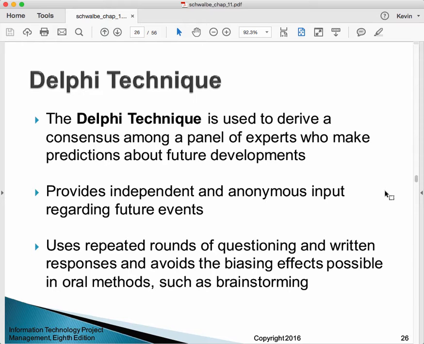Then they use repeated rounds of questioning and written responses to avoid the biasing effects possible in oral methods such as brainstorming. Now, I've not worked directly with the Delphi technique.